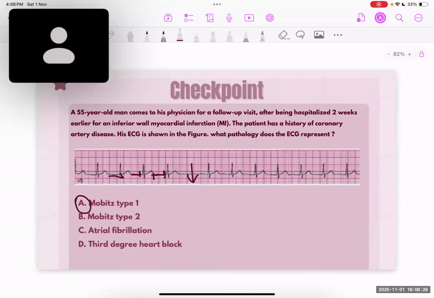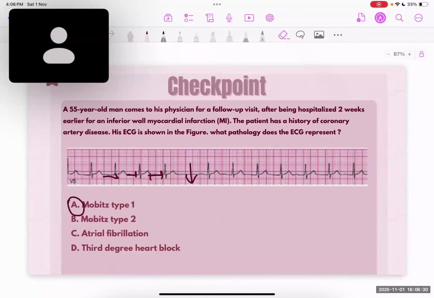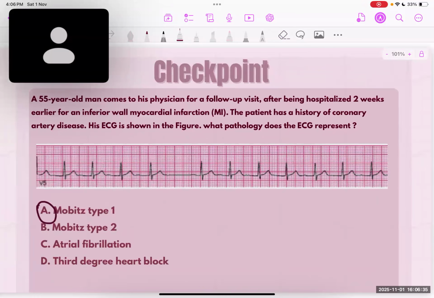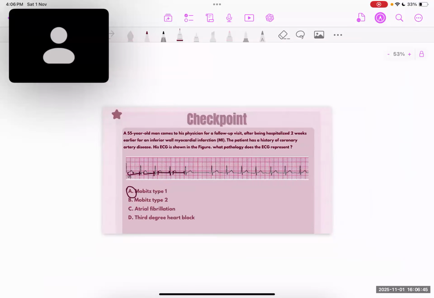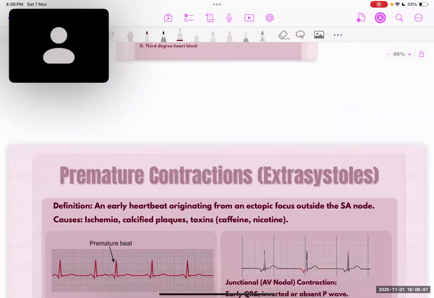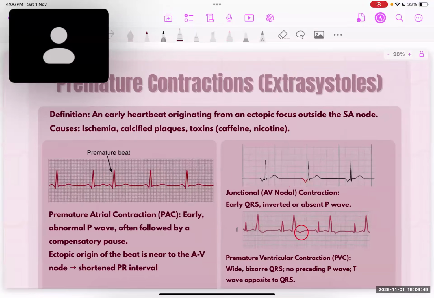So it's type 1. Does that make sense? If you want me to zoom in on the image, you can notice from here, this interval keeps getting longer and longer, and then we're going to have a dropped one. So it's type 1. Is that clear?